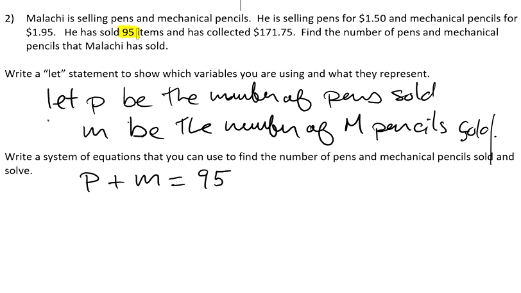The other thing that we can write is an equation that represents their dollar value, and I know that every single one of these pens, right, is worth $1.50 when I sell it. So it's contributing $1.50 to this total here of $171.75.